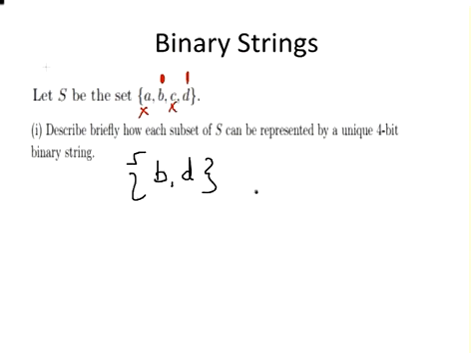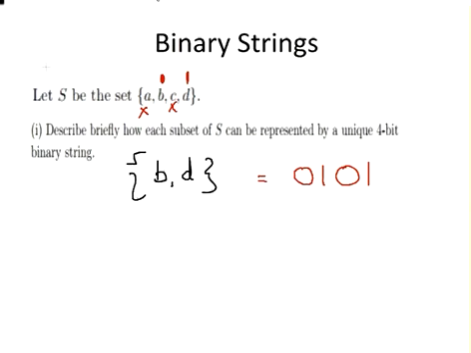So how would we represent this information? Well, if the element is present, we would put a 1, and if the element is not present, we would have a 0. So in this particular case, we would write this as 0, 1, 0, 1.